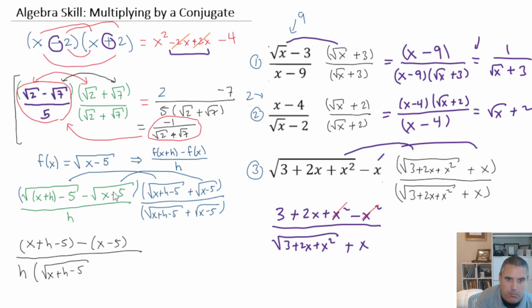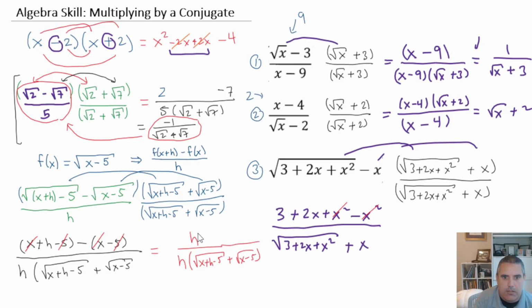First, expand out the reason you did it, and only expand the other piece if you're sort of forced to. This simplifies a whole bunch. The 5 cancels with the 5. The negative x cancels with this, and so you end up with h over h, and then you get this thing, the square root of x plus h minus 5 plus the square root of x minus 5.